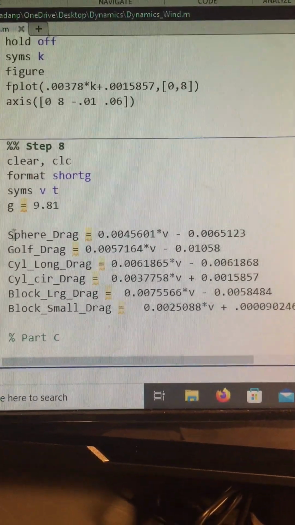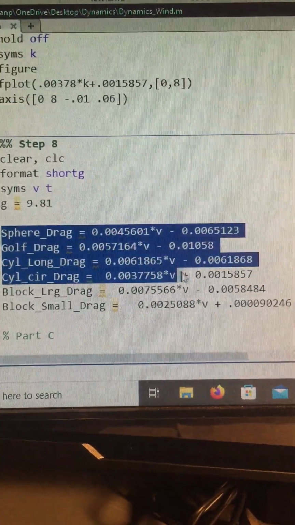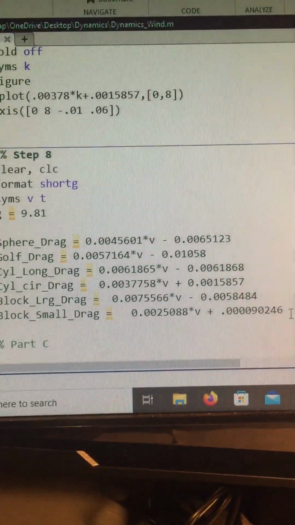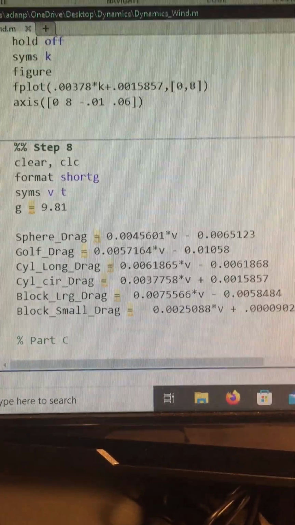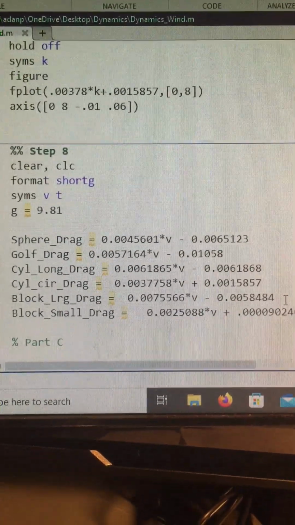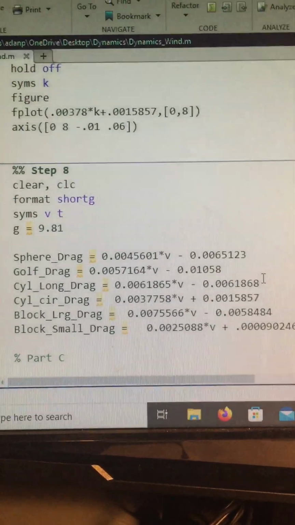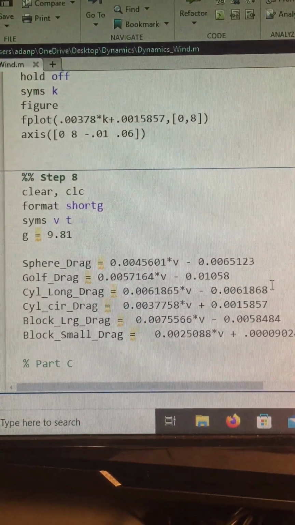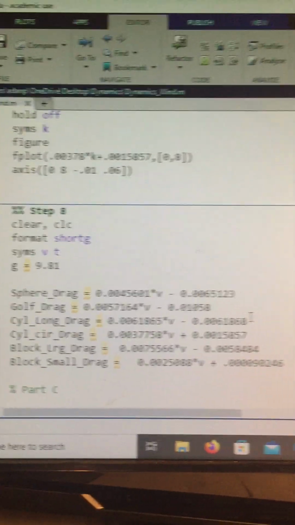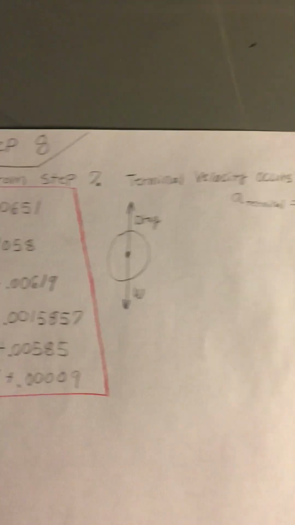I retyped the equations that we found in part number 7, and these are the linear equations for each of those shapes. Using that, we know that once you reach terminal velocity, your acceleration has to be 0, and I drew that here with a little free body diagram to help me think it through.